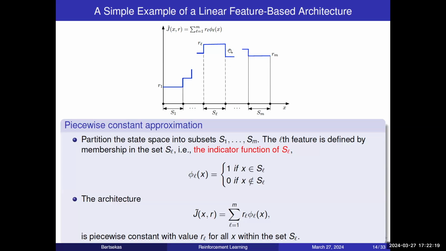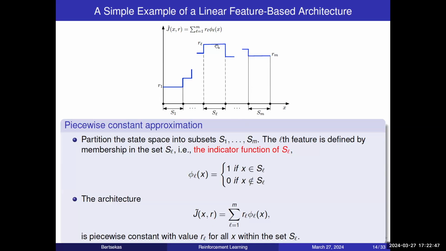One additional property you may notice is that if I change the value of a particular component, RL, let's say this number, then the cost function of all the other states does not change, except the states that belong to this SL subset.